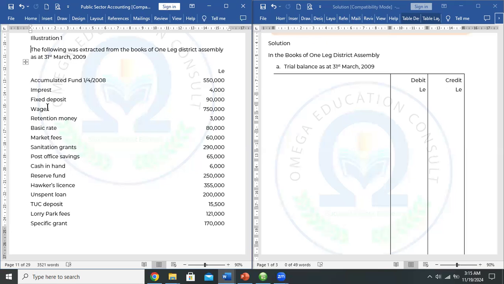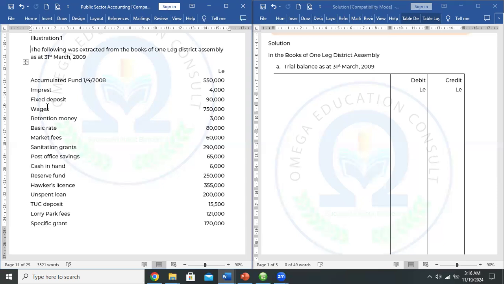550,000. Okay. Then interest 4,000. Fixed deposit 90,000. Wages 750,000. Retention money, 3,000. Basic rate, 80,000. Market fees, 60,000. Sanitation grants, 290,000. Post office savings, 65,000.